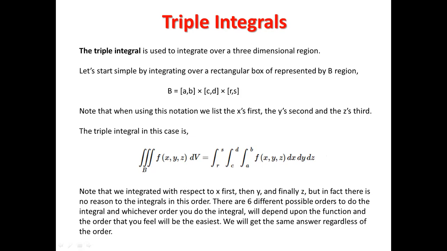But actually, this is not the only way to evaluate this triple integral. There are 6 different possible orders in which you can do your integration. You can start with dy dx dz, or you can have dz dx dy, or dx dz dy, and you can have dy dx dz or dy dz dx. You have 6 different possible orders, all of which will give you the same answer.